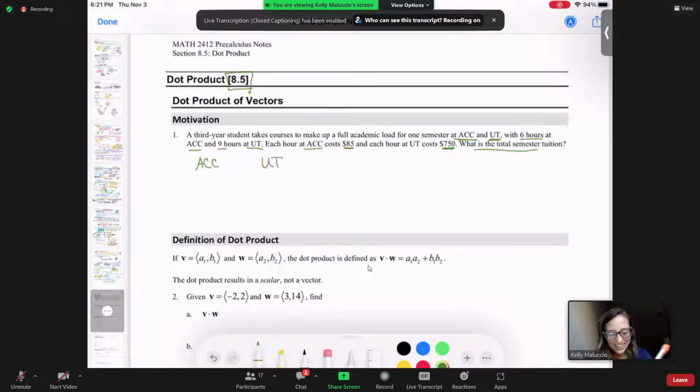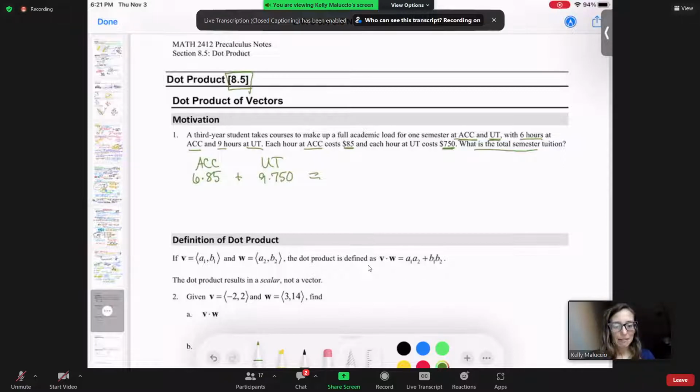So we have ACC and UT, and at ACC, they told us 6 credit hours at $85 each. So 6 times 85, right? That's what we're doing. Then if we want to see our total cost, we add 9 credit hours at $750 a pop, right? Sounds brutal. I mean, UT, great school, I'm not knocking it, just saying.